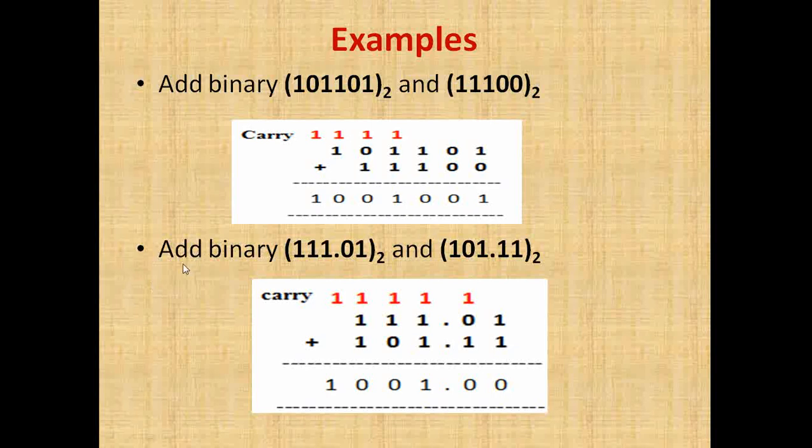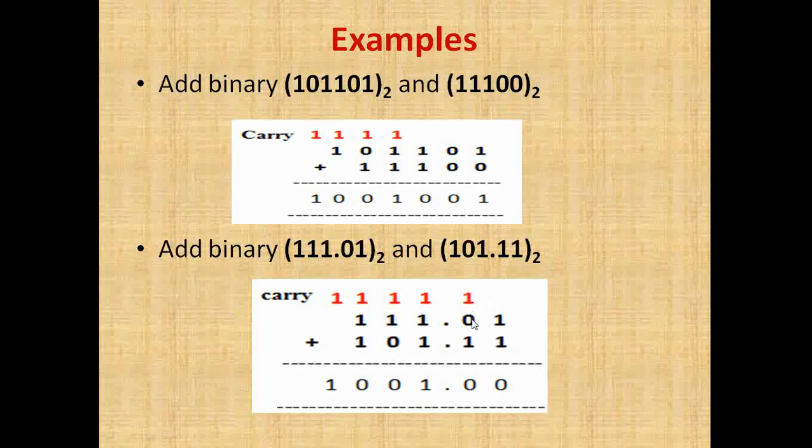Let us consider one more example with a decimal point, or fractional binary numbers. So we have two fractional binary numbers, 111.01 and 101.11. We'll add them. First, 1 plus 1 gives you 0 with a carry of 1.